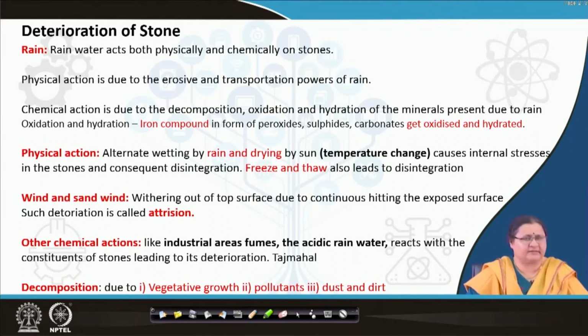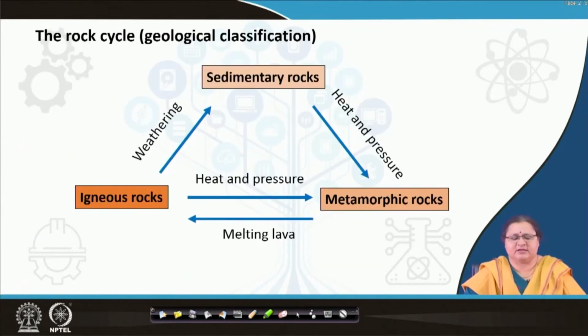Before going into that, let us see how rocks are geologically classified. Due to the lava coming out due to volcanic actions, the eruptions, we get the igneous rock. That is the first form of getting rocks.